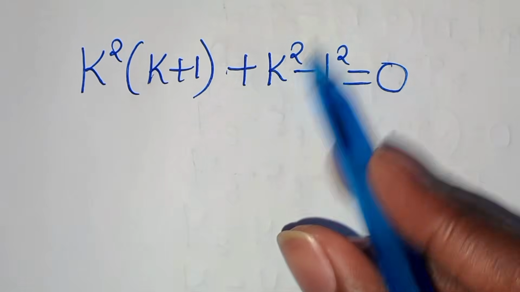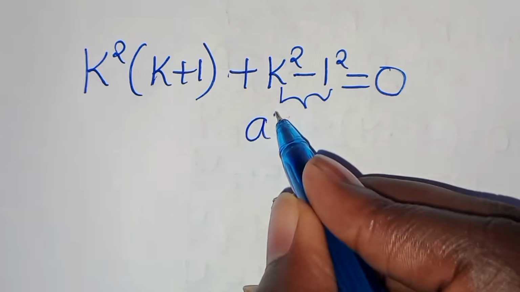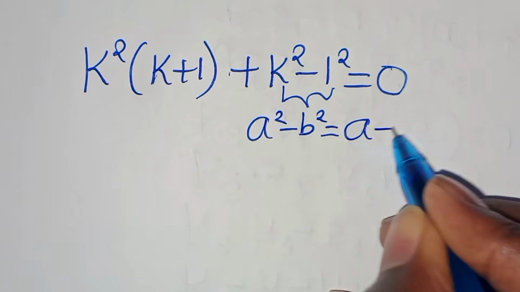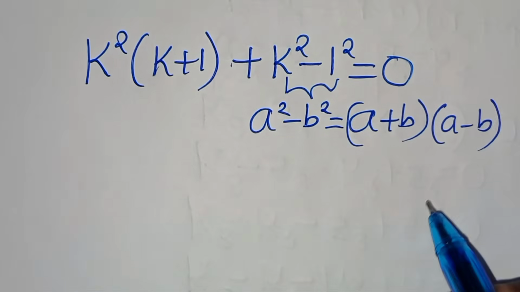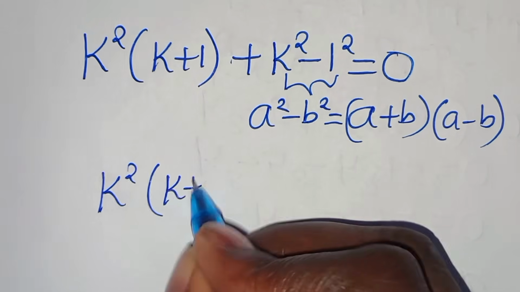Now we have k squared minus 1 squared. This is actually the difference of two perfect squares, expressed as a squared minus b squared. This can be expressed as a plus b multiplied by a minus b. So here we have k to the power of 2 multiplied by k plus 1.